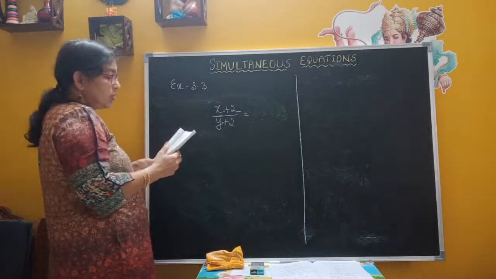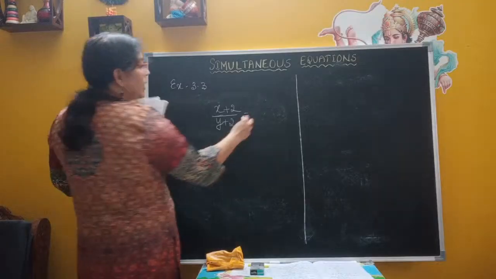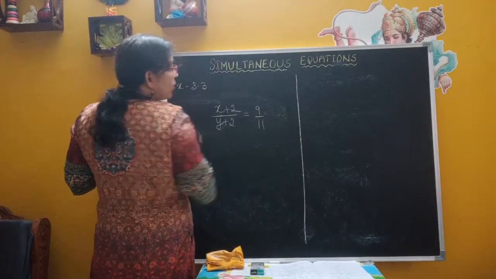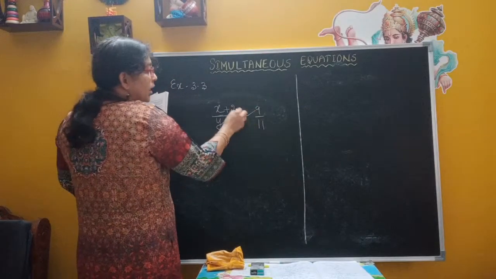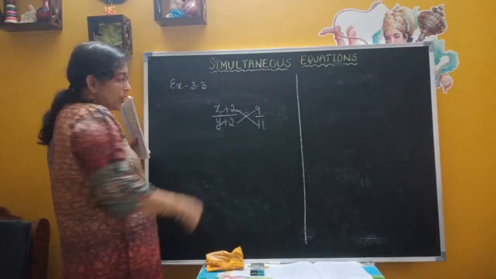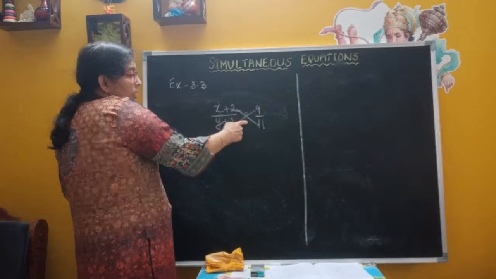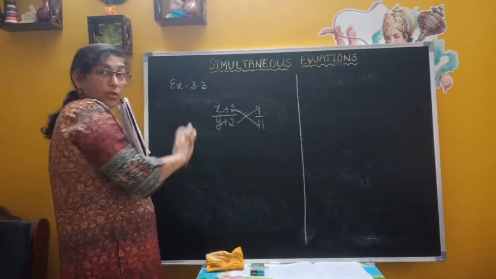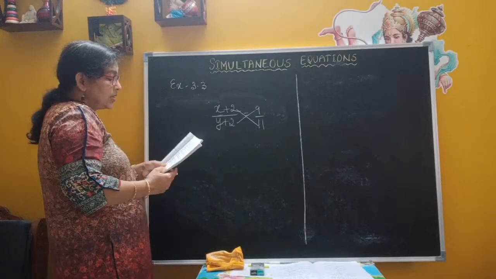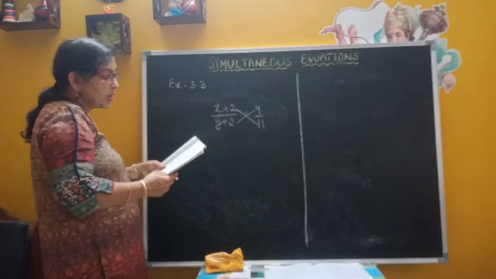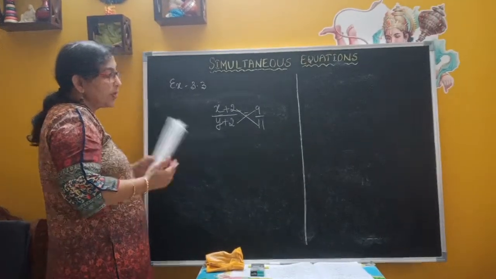Then what do we get here? By that we get 9 by 11. This is one of the equations. How to get it? Cross multiply and simplify. It is 11 into (x plus 2) is equal to 9 into (y plus 2). You will get one equation. Second case: if 3 is added to both the numerator and the denominator, it becomes 5 by 6.